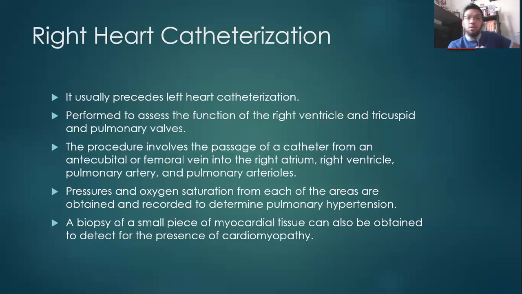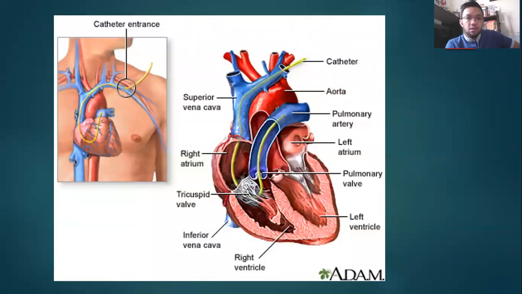So take note, in right heart catheterization, veins are used for the insertion of the catheter. So this is how it is done. As you can see here in this example, a vein is used in order to insert a catheter to check for the right structures of the heart.